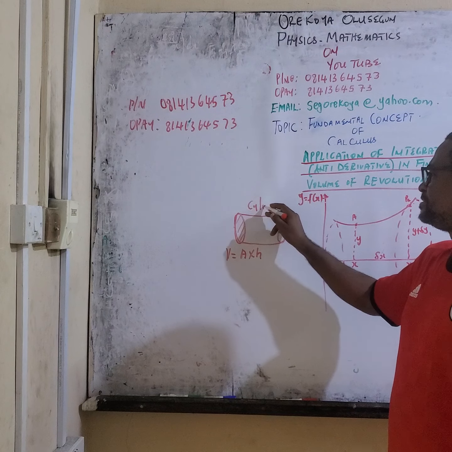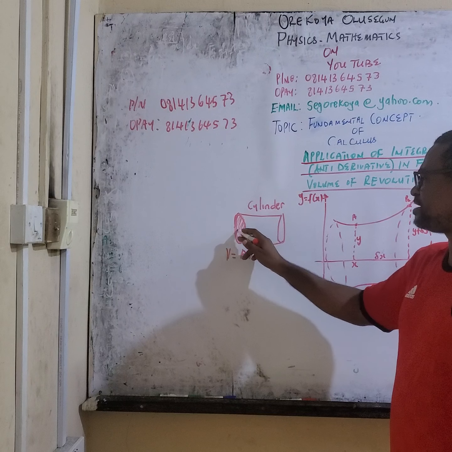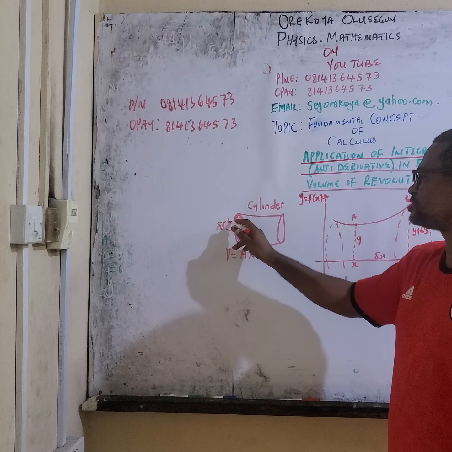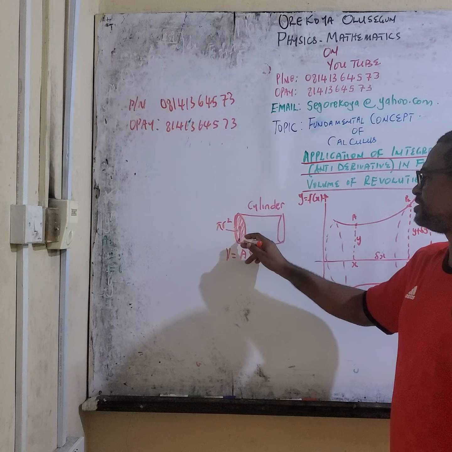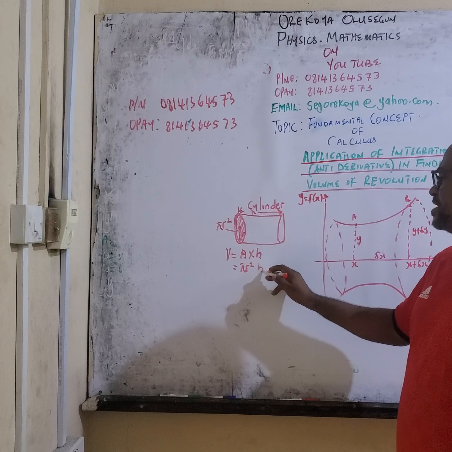The base of this cylinder is circular, and the area of a circle is pi r squared, the radius of this circle squared. So I can have pi r squared times height, and the height of your cylinder is this, so times h.